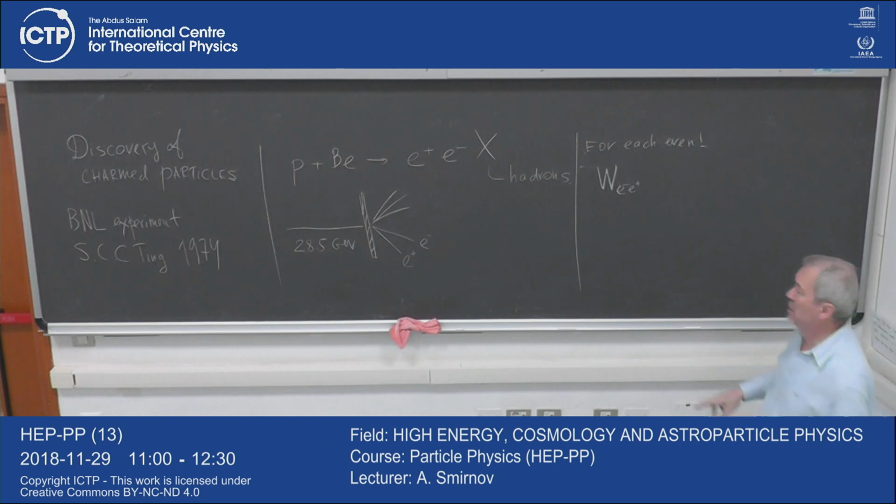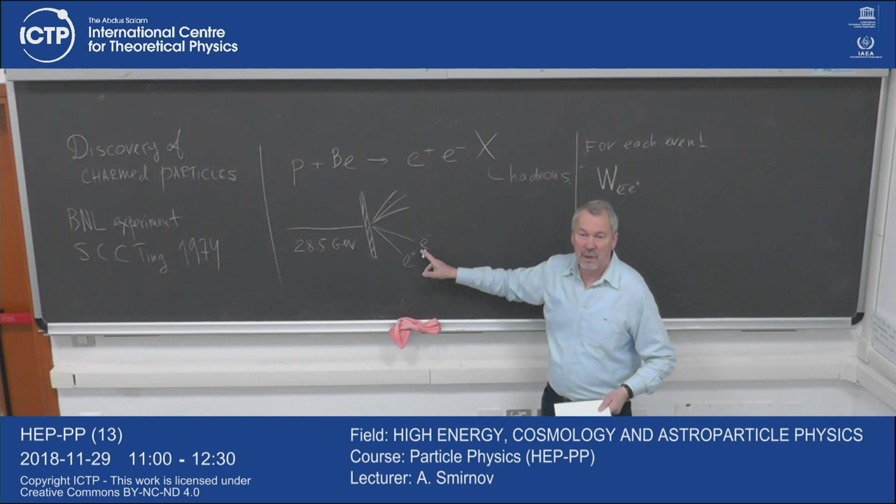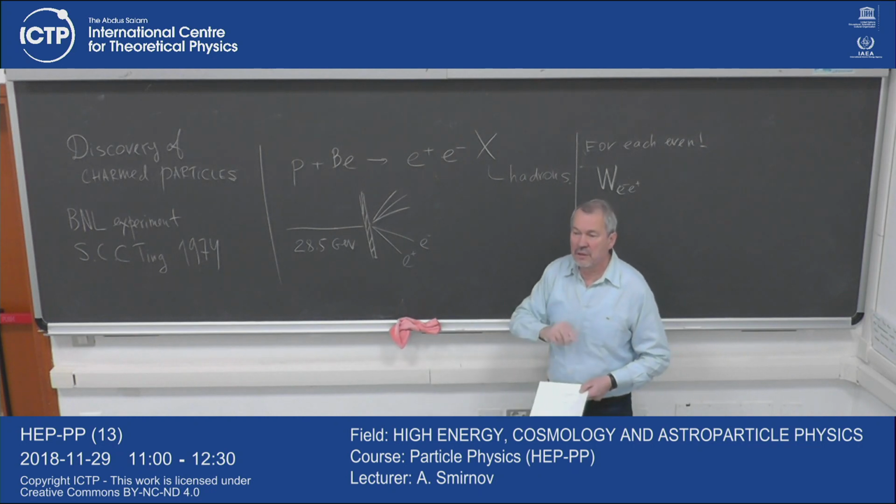For this you need to measure momenta and energies of electron and positron. Once you measure this, you can reconstruct this Lorentz invariant W. Okay?